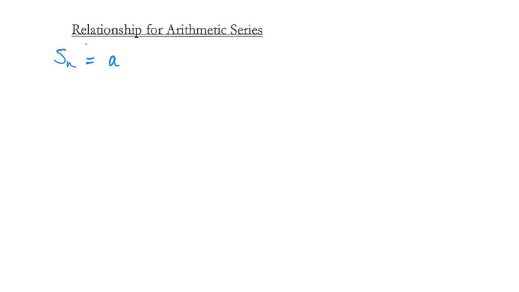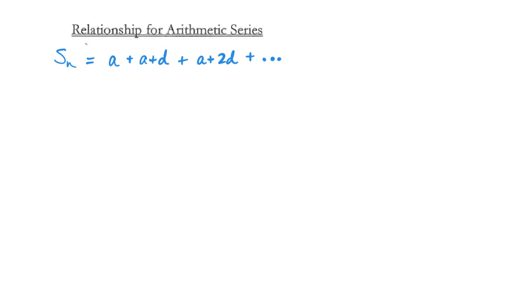So I'm going to have my first term plus my second term plus my third term, and I could continue that pattern on and on. Now, I don't know how many terms are in this series, so I'm going to put a plus and then a dot, dot, dot to show that there could be an unknown number of terms in between.